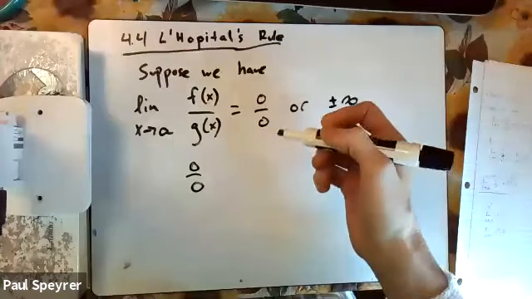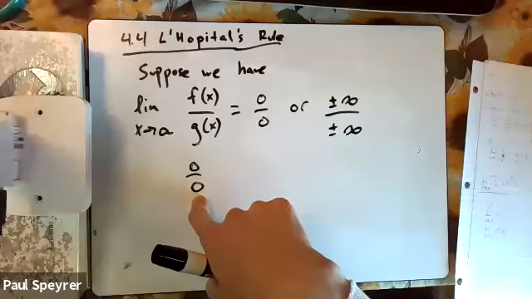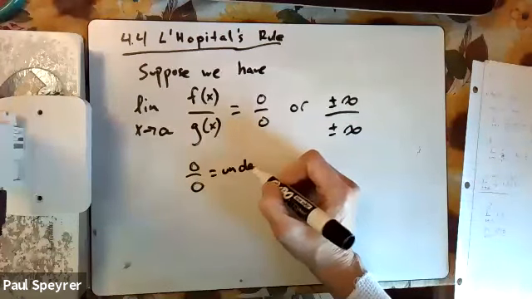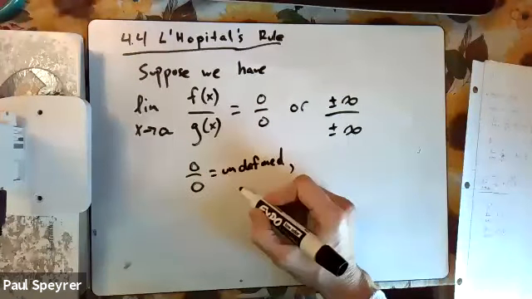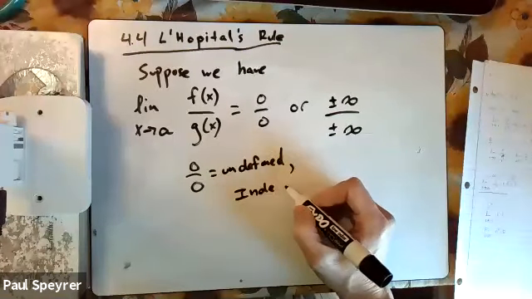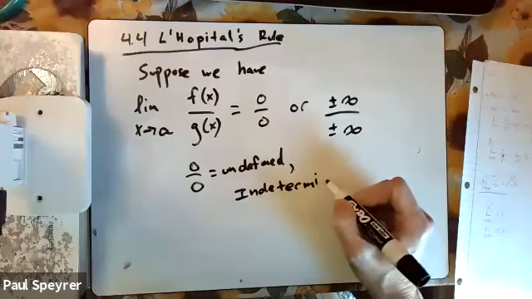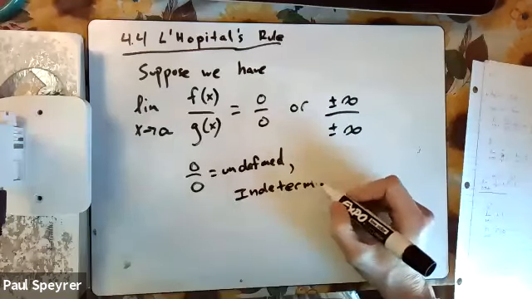It's not 0. I know a lot of people think that, but remember, the second you divide anything by 0, it is undefined. Or better yet, we say it's indeterminate.